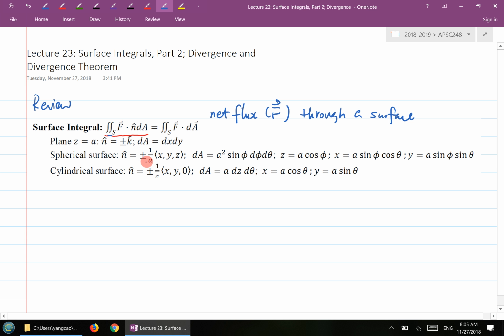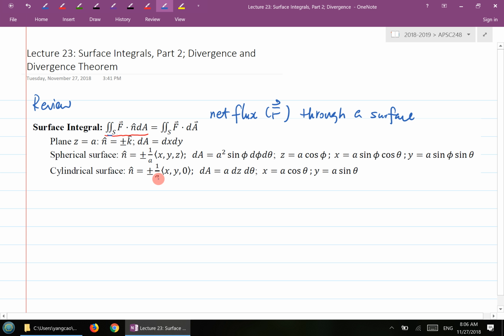Similarly for n hat, the unit normal vector to the surface is 1 over a times x, y, z, where a is the radius of the sphere. For every surface, there are always two directions normal to the surface, so you can have either positive or negative. Positive typically refers, for a closed surface, to a direction that is outward to the surface.